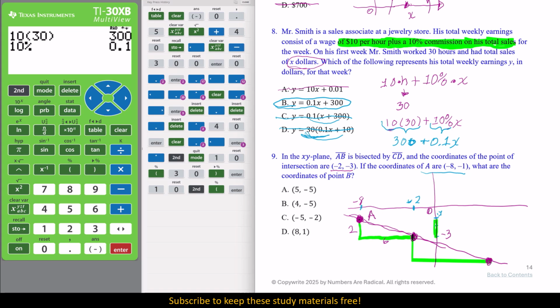Yeah, you bet you can do this mathematically, all kinds of other ways. I'm not feeling it today. You understand. Okay, so from my midpoint, I'm at -2, -3. I want to go 2 more negative.